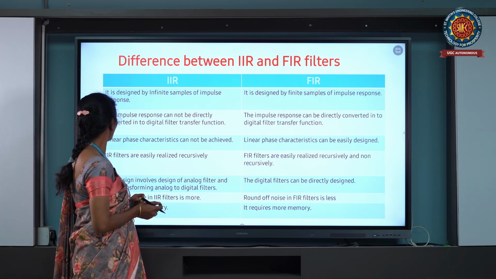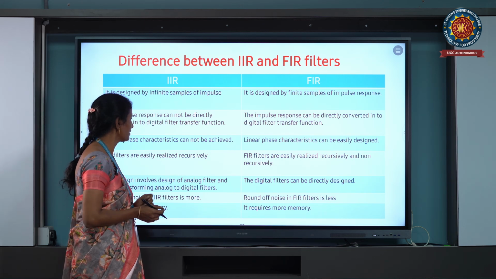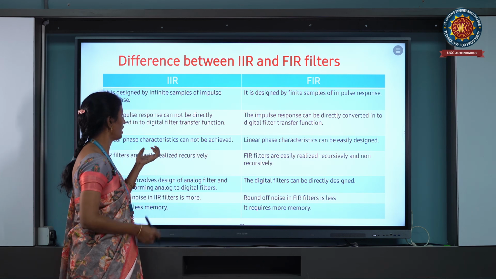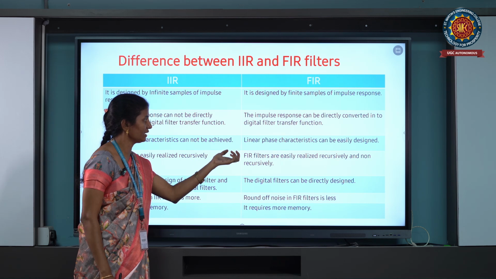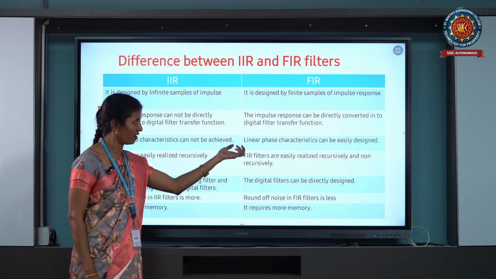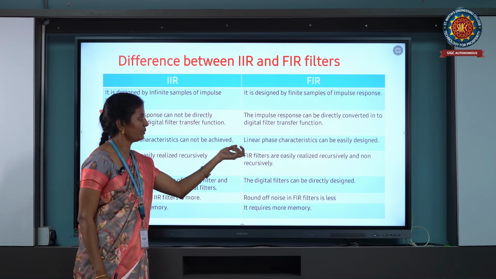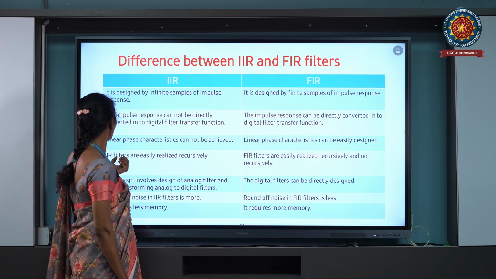The third point is linear phase characteristics. In an IIR filter, linear phase cannot be achieved, which means it cannot follow the symmetric and anti-symmetric conditions. In an FIR filter, linear phase characteristics can be easily designed, which means it follows the symmetric and anti-symmetric conditions. The fourth point is realization.